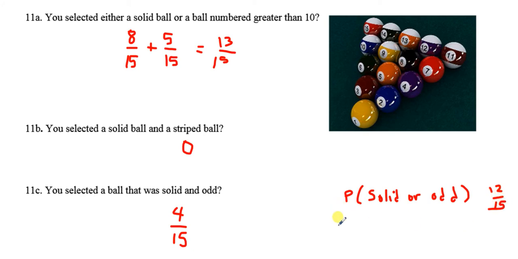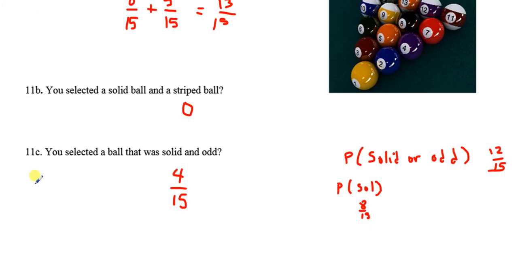From the formula, you got the probability of solid, which is 8 out of 15. I'm almost off the sheet here. Let me scroll it down just a little. Plus the probability of odd, which is also 8 out of 15. 1, 3, 5, 7, 9, 11.